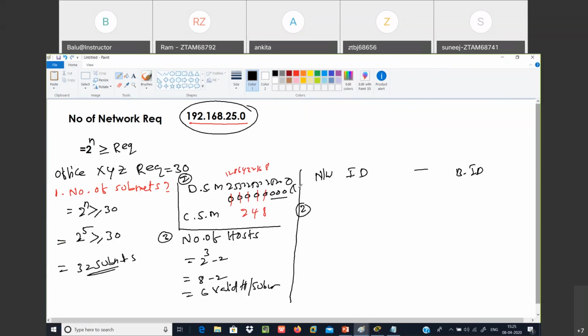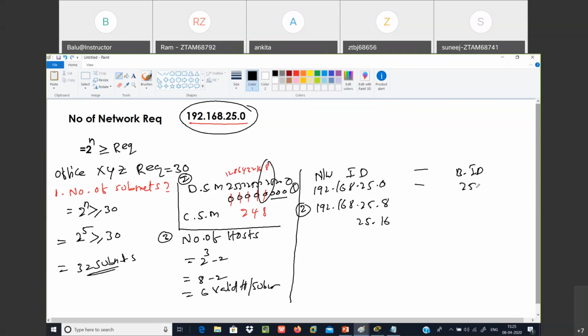So the first subnet range is 192.168.25.0, and for the second subnet, the least converted bit is 8, so 25.8, plus 8, plus 8, keep on adding. You can get 25.16.